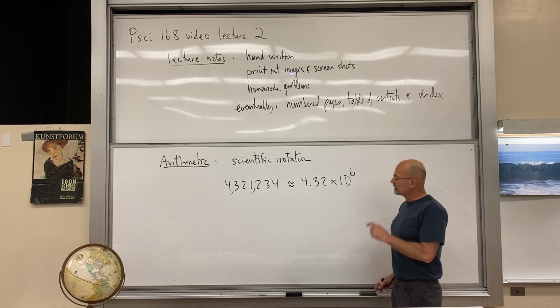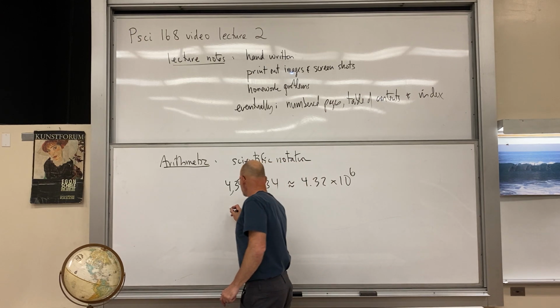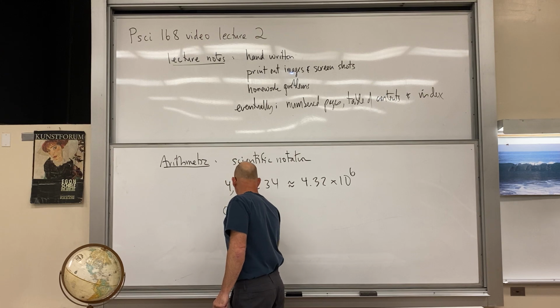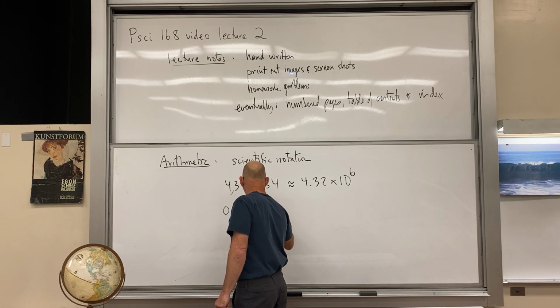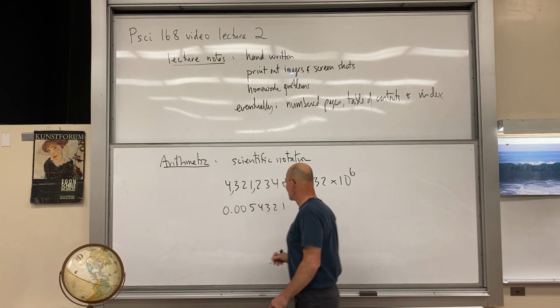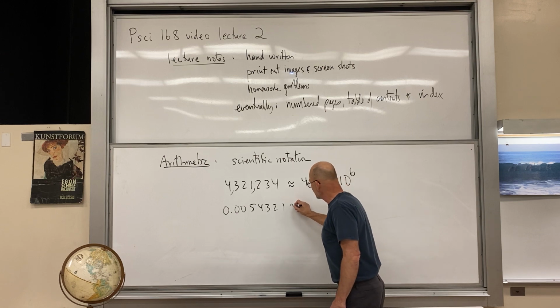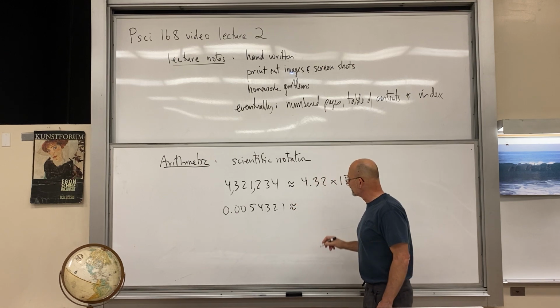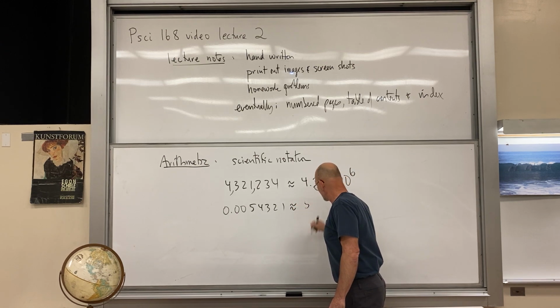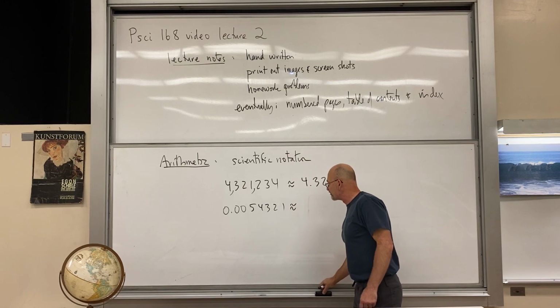Okay. And I can do another one, 0.0054321. Okay, that's also some small number this time. And again, we're just going to take a couple of significant figures. So we have, let's write that. We have 5.4.